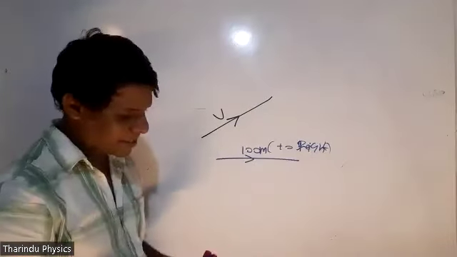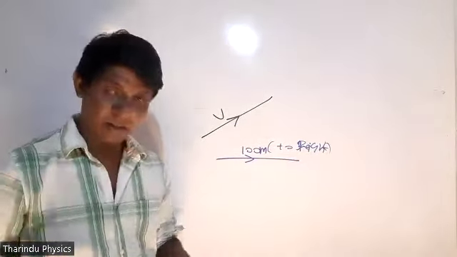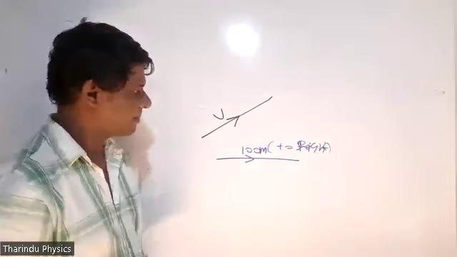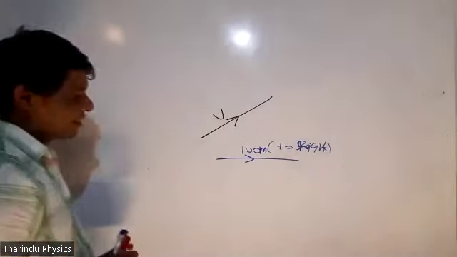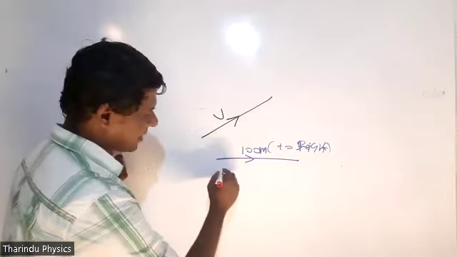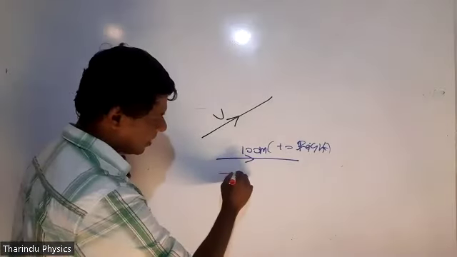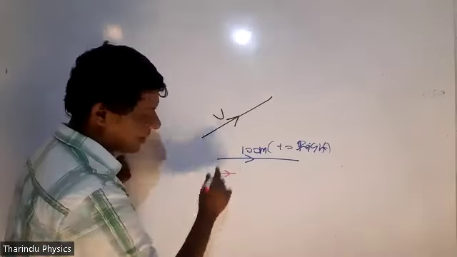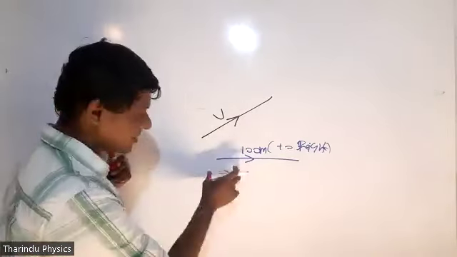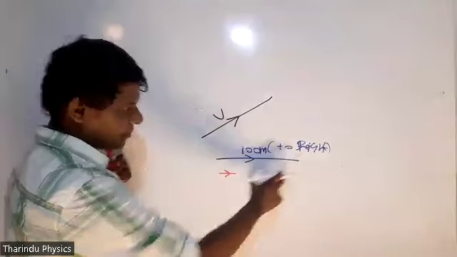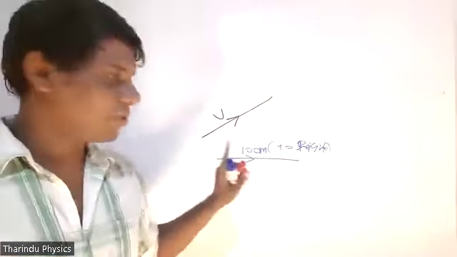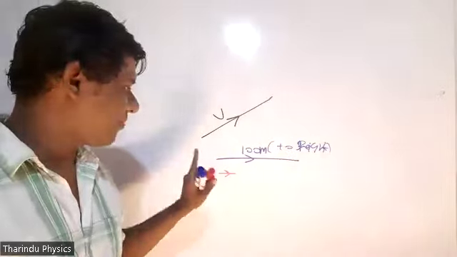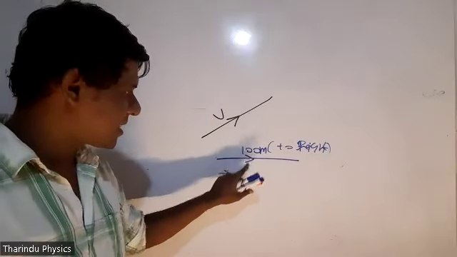Now you are going to represent another 20 meters in the same direction. How? A small arrow. Why? In the same Cartesian plane, if you draw the same length, it will again represent 100, because you have to be really careful with the scales.